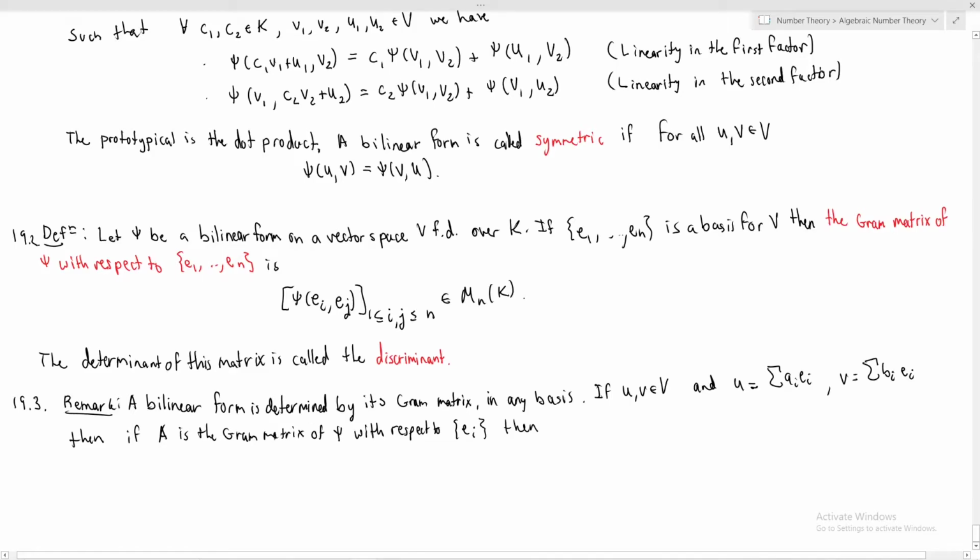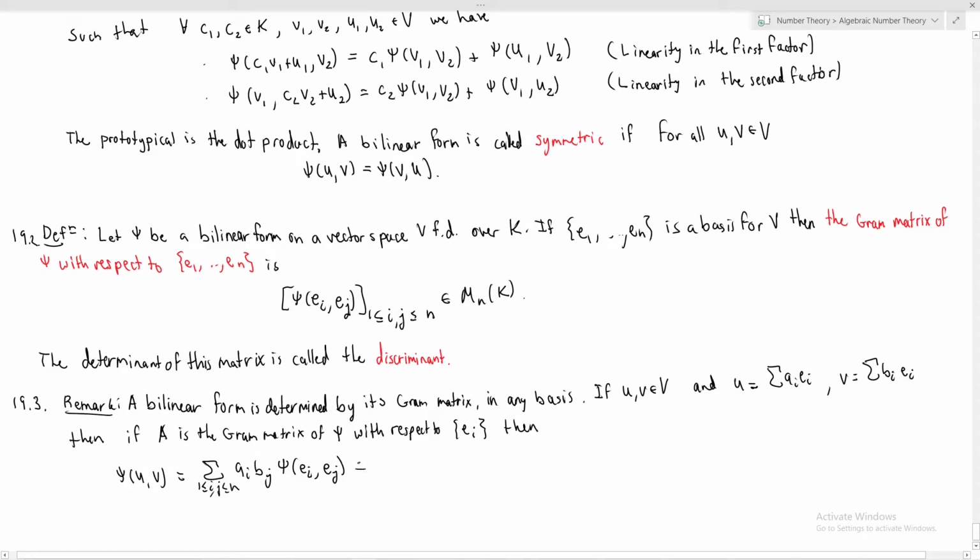Then I can compute the value of psi by doing some matrix multiplication. Psi of U, V: if you use bilinearity in both factors, you'll find that this is the sum of AI Bj psi of EI, Ej, the sum over I and j less than or equal to n.